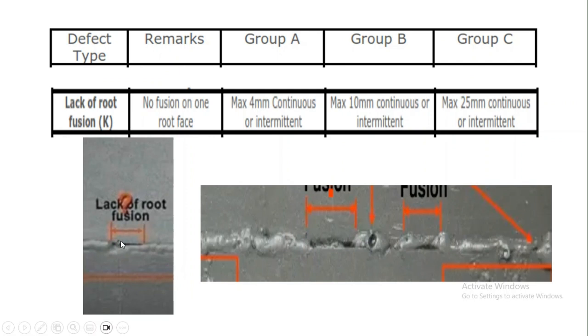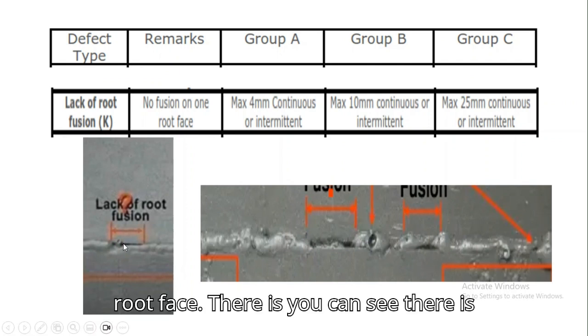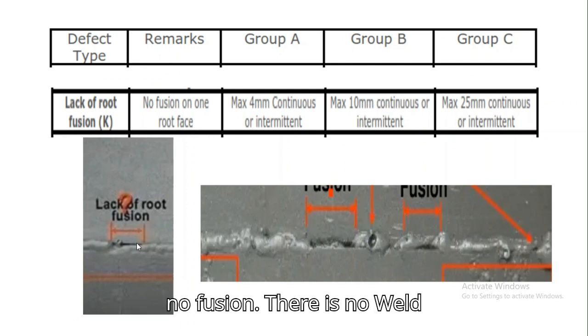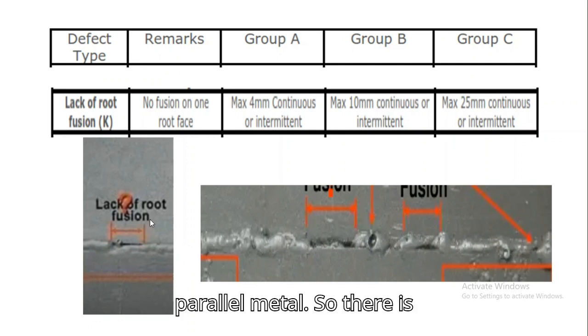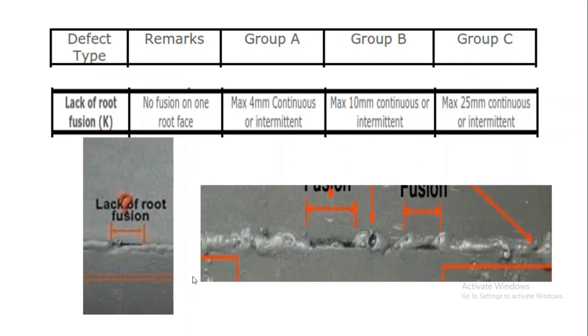This is the root face. You can see there is no fusion. There is no weld metal. It's not fused properly to the parent metal. So there is a lack of root fusion. You can see one portion, one face, is not fused properly.